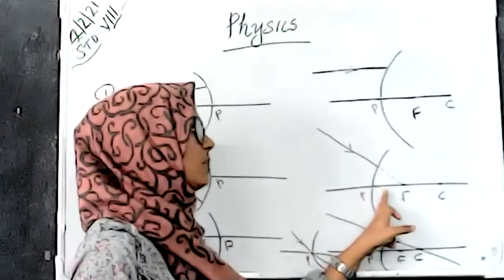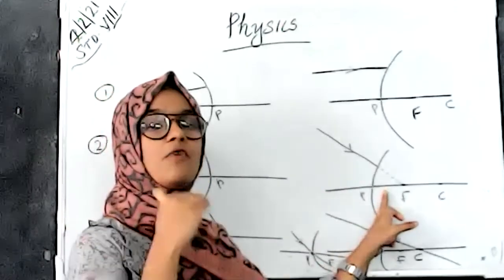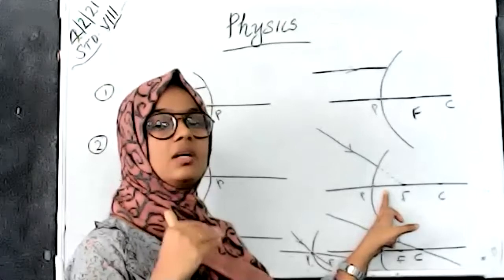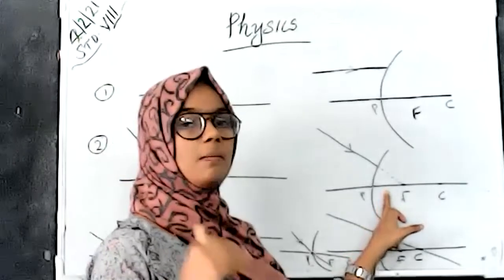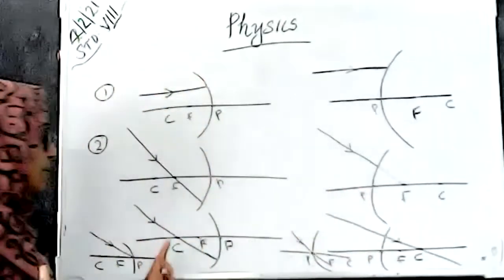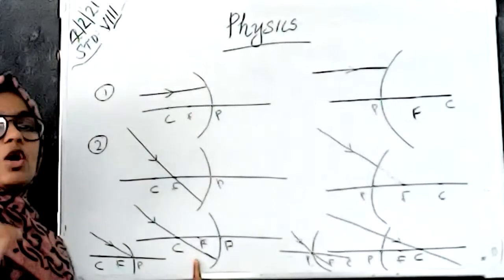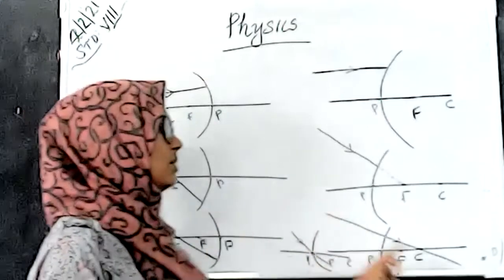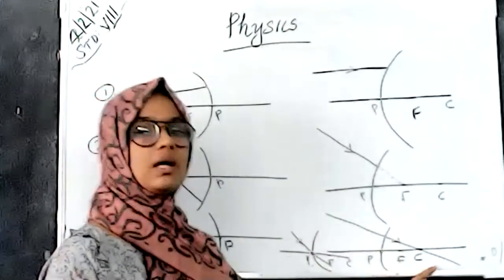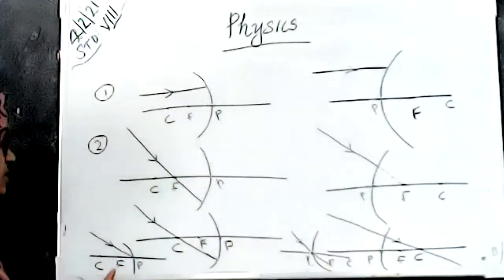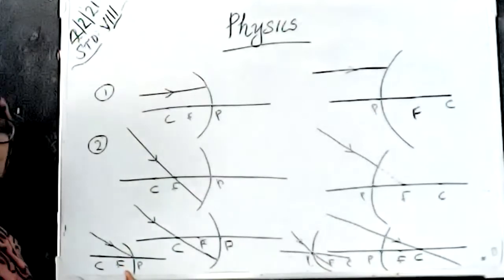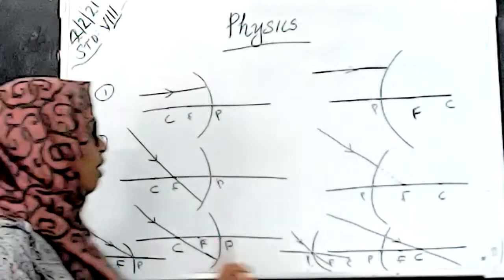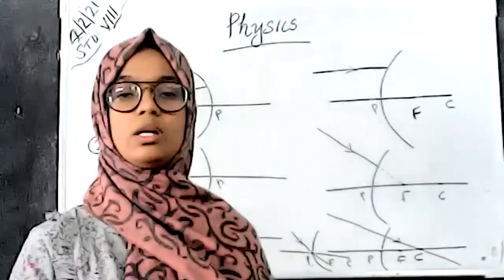In the convex mirror, the ray of light is falling on the sphere but is directed towards the principal focus. In the third one, the ray of light is passing through the center of curvature, both in convex mirror and concave mirror, and the last one is the ray of light falling through the pole of the convex mirror and concave mirror.